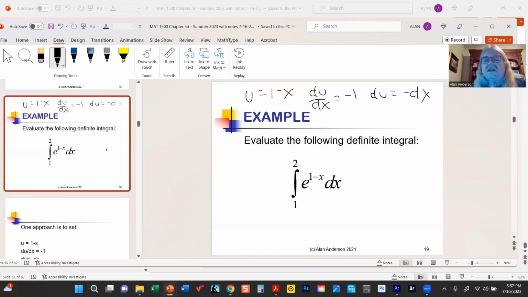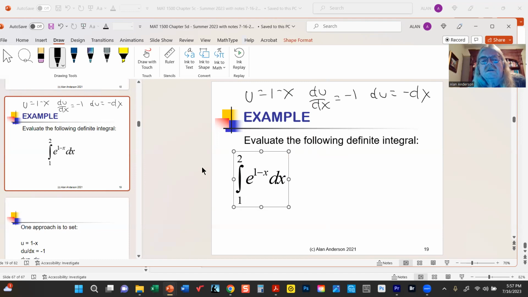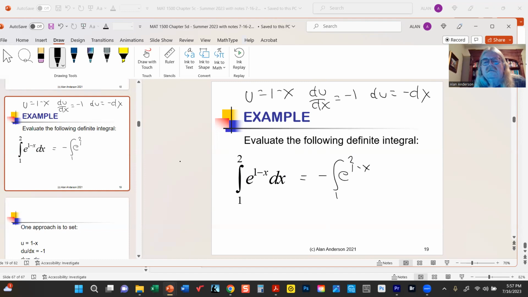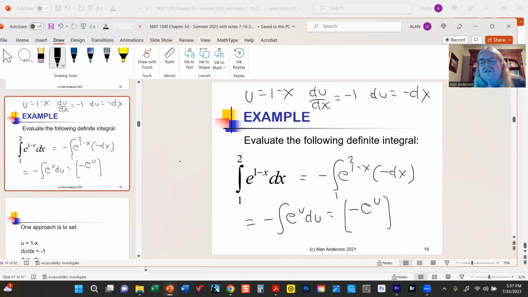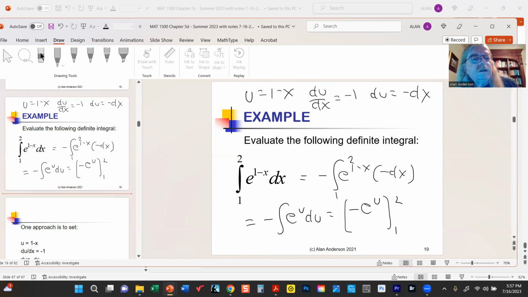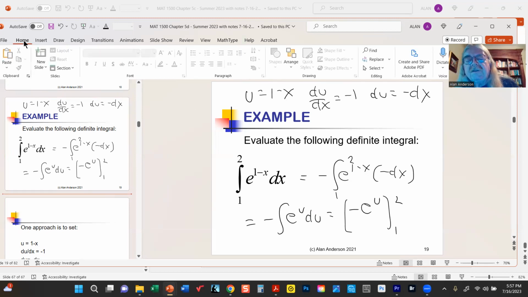So yeah, we're missing the negative. So let's rewrite it so that we actually now just have minus the integral of e to the u du, which becomes minus e to the u, but there's no c because this is evaluated from 1 to 2. And so we have to, of course, replace the u with 1 minus x.